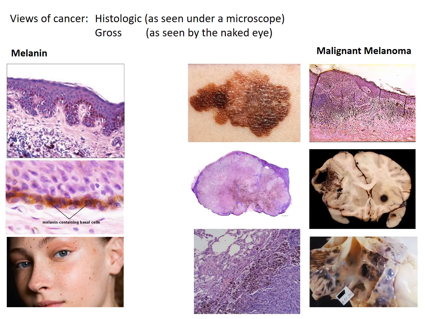So again, showing you all those properties, anaplasia, invasion, and metastasis. And trust me, we will talk in a whole lot more detail about malignant melanoma next week. I'm just using these pictures right now as examples of some of these general properties that we are talking about in this unit.